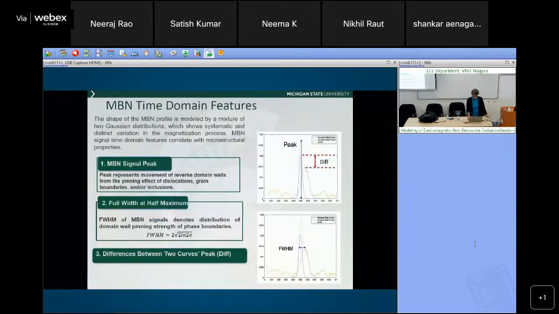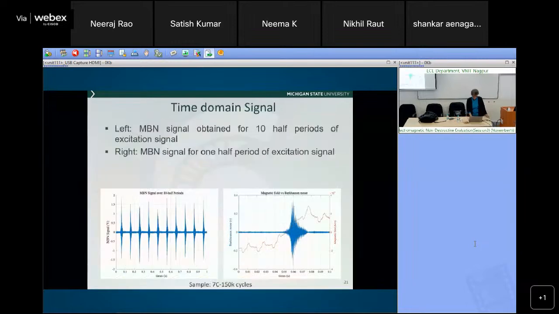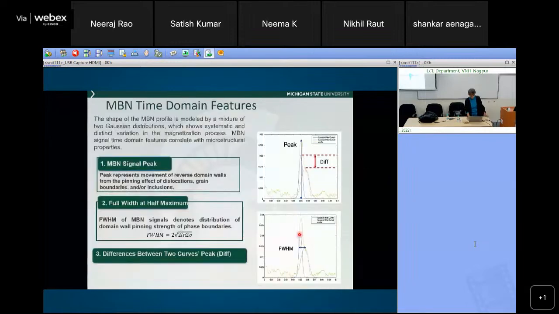If you look at this particular figure, this is the excitation frequency, each one is a cycle, and that is much lower. The pickup signal you can see is very high frequency. I don't have the right units for my x-axis, but I can find that out and tell you.